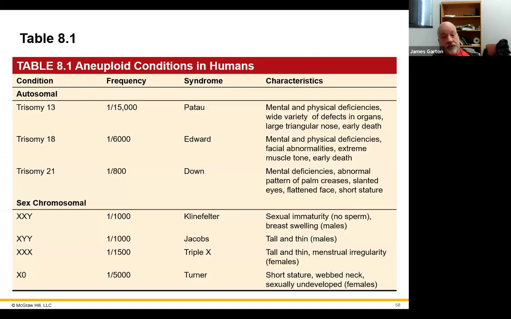And these are some numbers. Trisomy 13 is incredibly rare. Trisomy 18 is very rare. And when it says here early death, early means before 3.